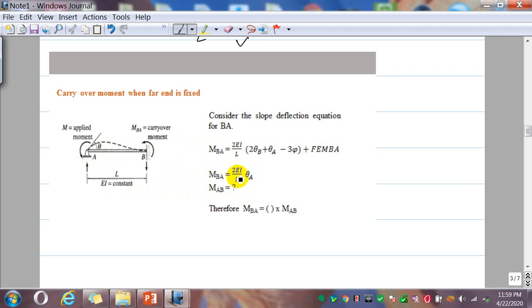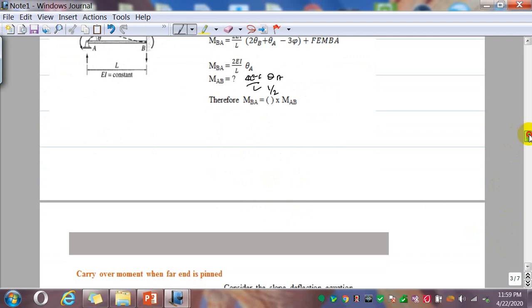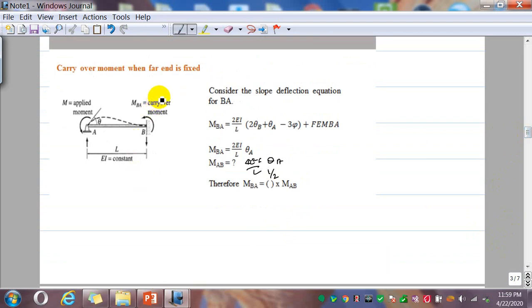If MBA is 2EI over L, MAB is 4EI over L, so MBA is half of MAB. So there is 4EI theta, okay? And here it is half of MAB.